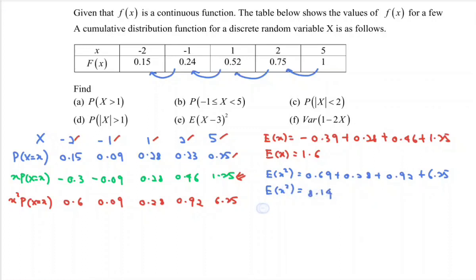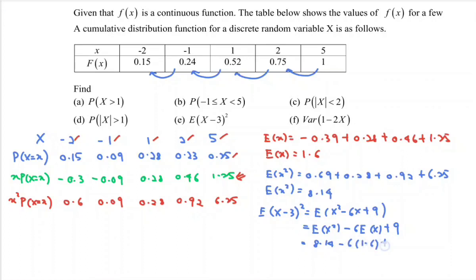Continue. E[(X minus 3) squared] will be E(X squared) minus 6E(X) plus 9. If we substitute, 8.14 minus 6 multiplied by 1.6 plus 9. By referring to the calculator, if we simplify the situation, we will have E[(X minus 3) squared] equal to 7.54.